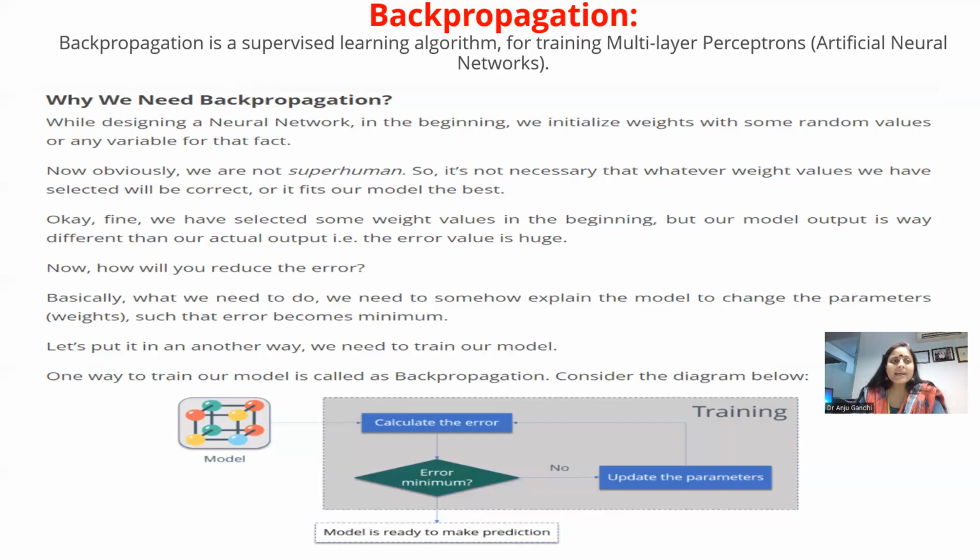So what they are saying is that we have selected some weight values in the beginning, but our model output is way different than the actual output.